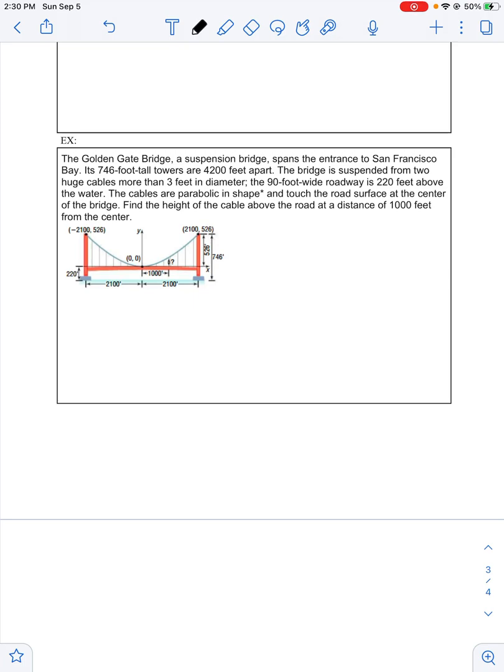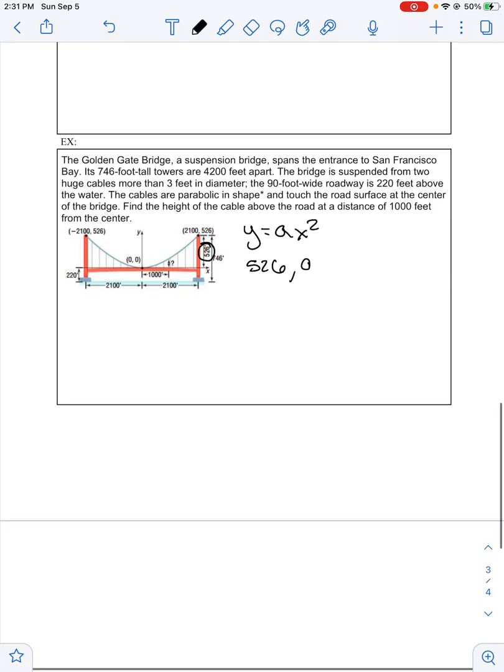So based on the facts, we can find y equals ax squared. So y equals ax squared. And so y is our 526. We don't know a.